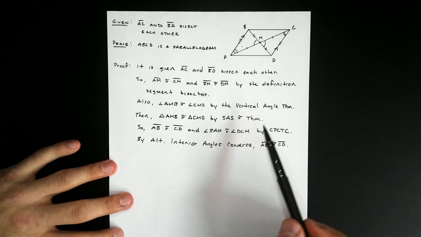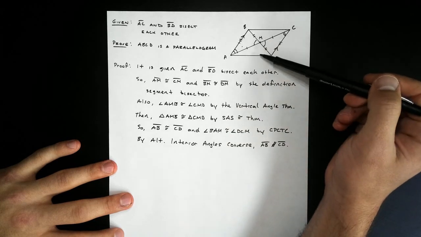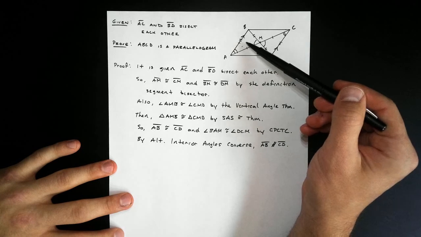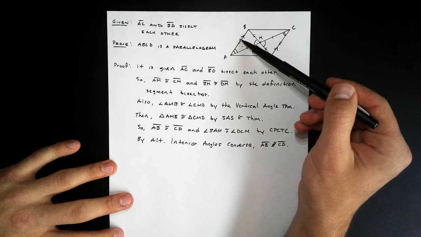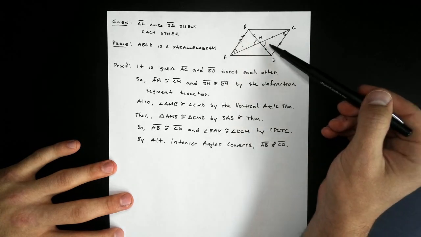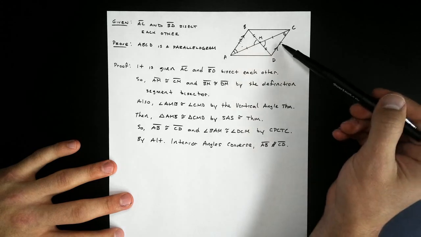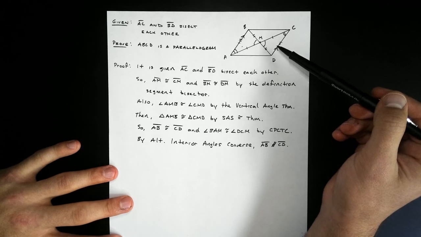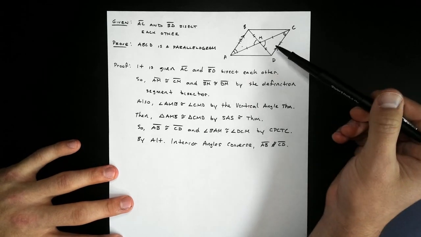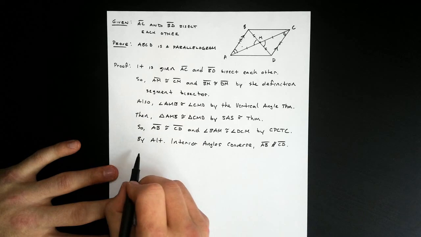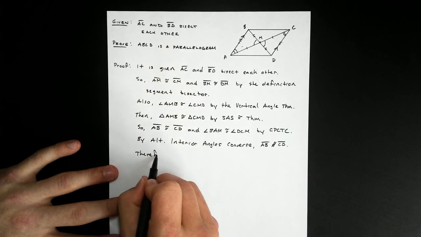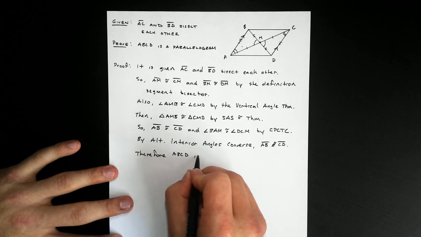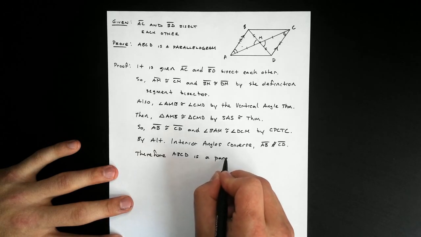Okay. So I could go through a similar argument and get this other pair of sides, but the information we have now is we have one pair of opposite sides that are parallel and they are congruent to each other. That was a theorem we just proved recently. So with those two pieces of information, I know that this is a parallelogram. So therefore, ABCD is a parallelogram.